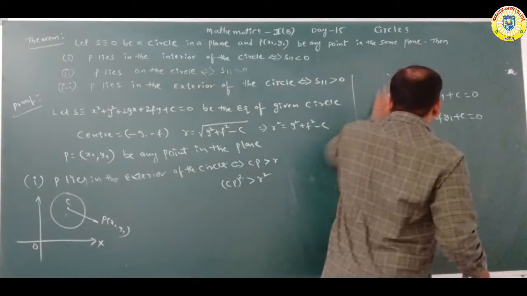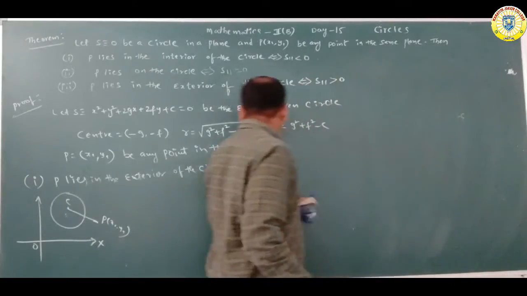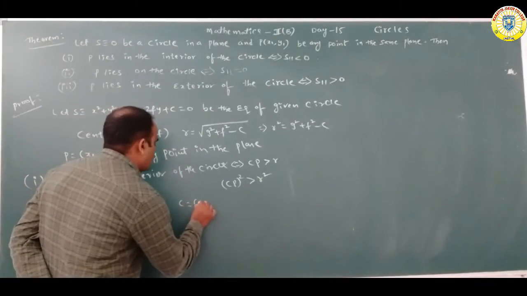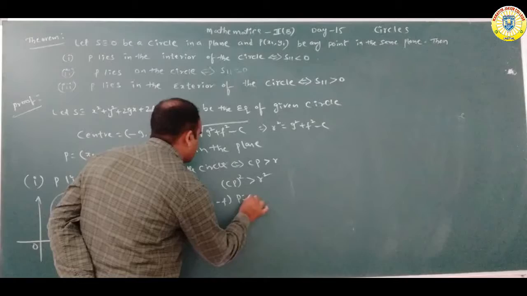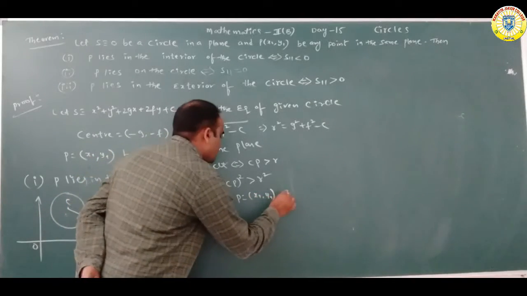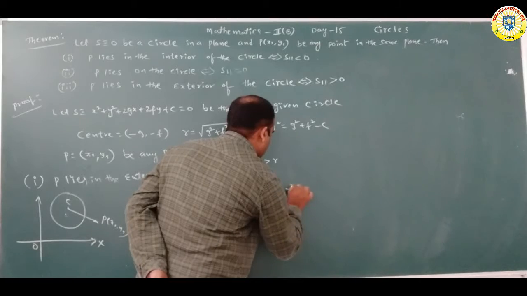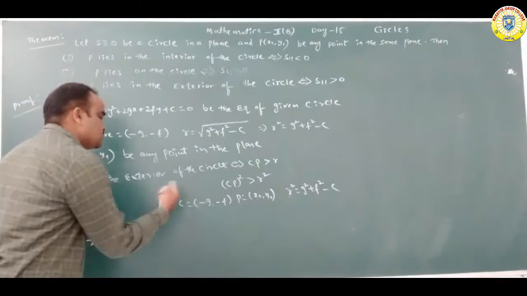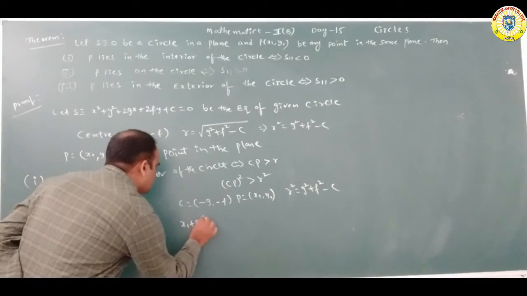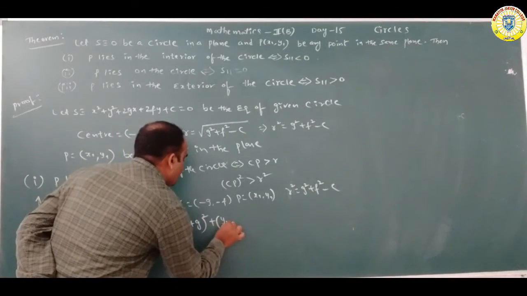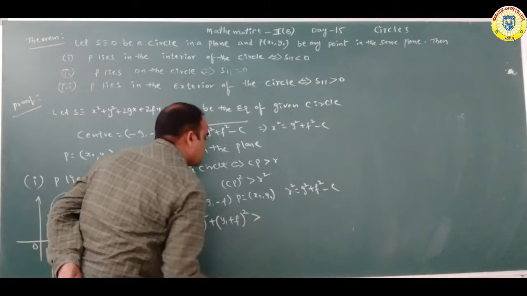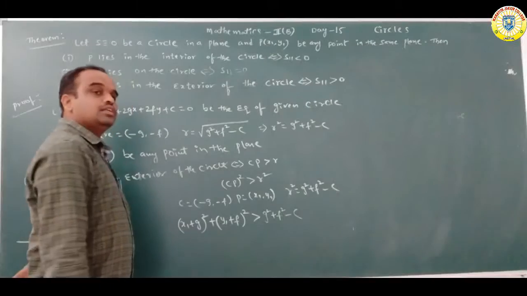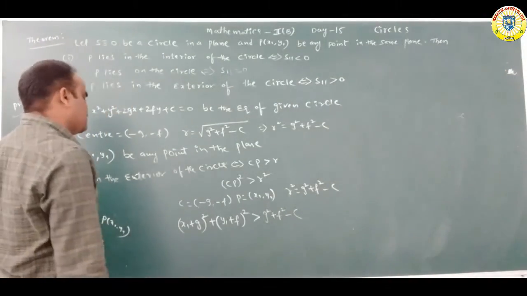So the same here also, we are showing S11 greater than 0. CP square: C is equal to (-g, -f), P is equal to (x1, y1), R square is equal to g square plus f square minus c. CP square is (x1 plus g) whole square plus (y1 plus f) whole square greater than R square, g square plus f square minus c.